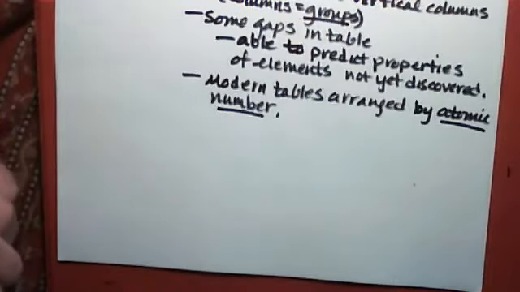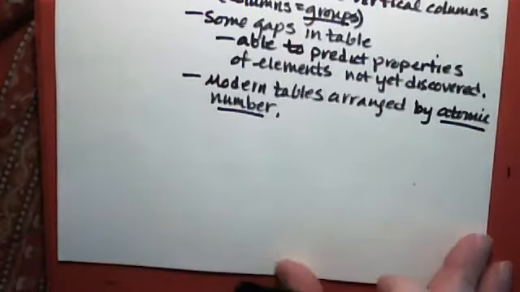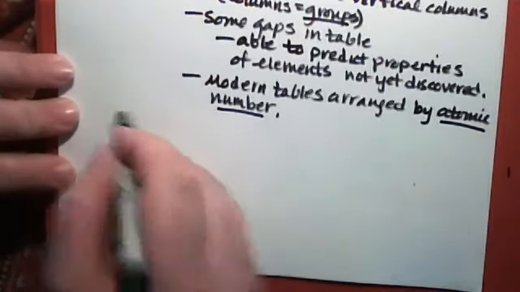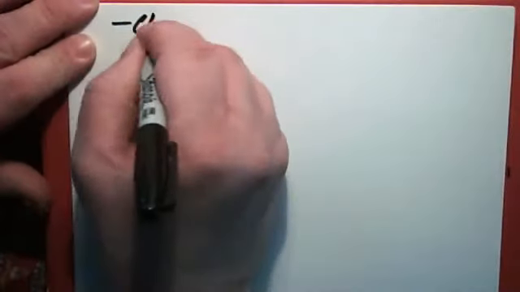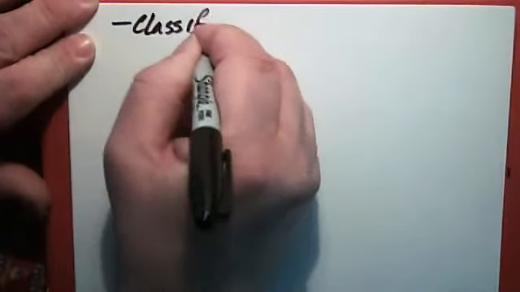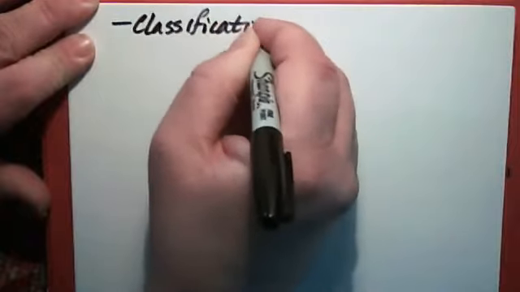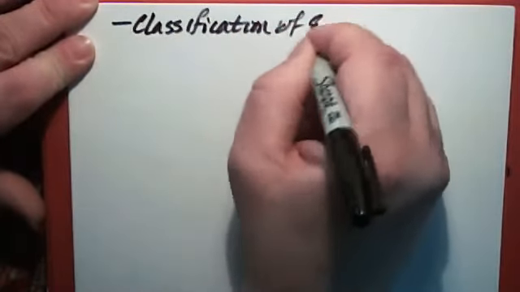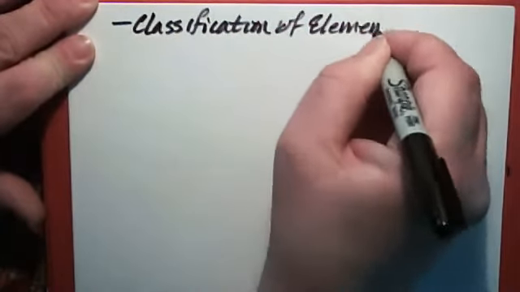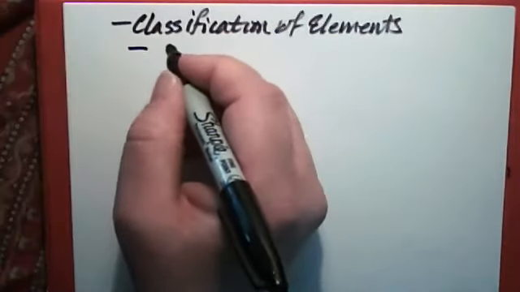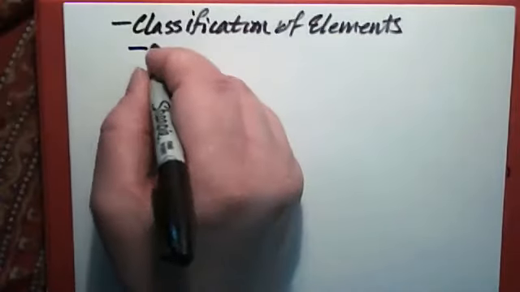Okay, so to have a look at the elements in the periodic table, there are several different ways to classify them. One of them is according to metals or nonmetals.